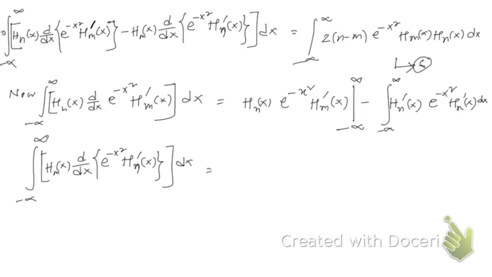what we can write is hm of x e to the power minus x square, then hn dash of x from minus infinity to plus infinity minus integration from minus infinity to plus infinity.